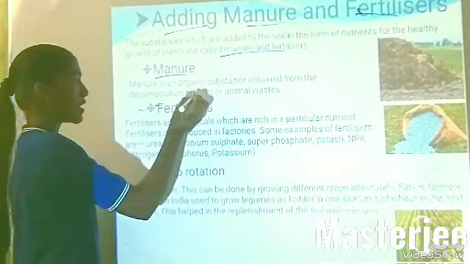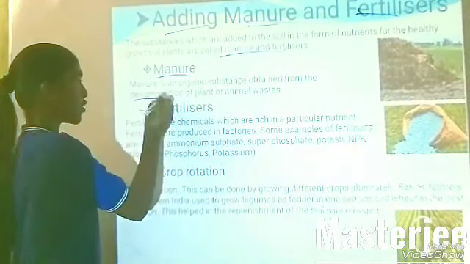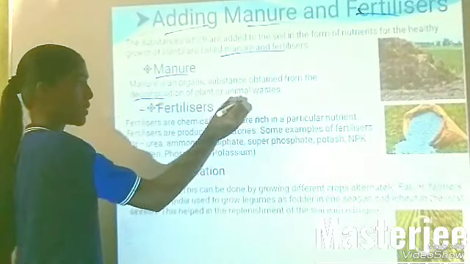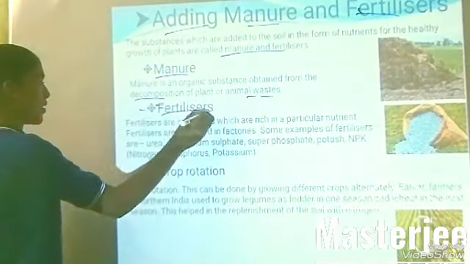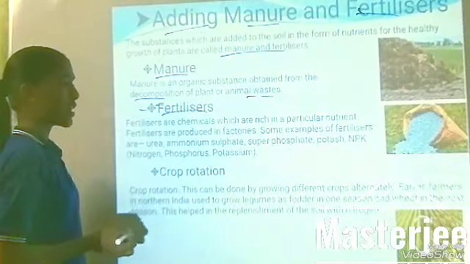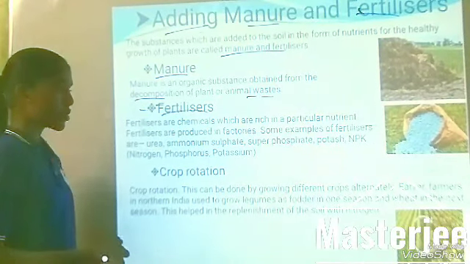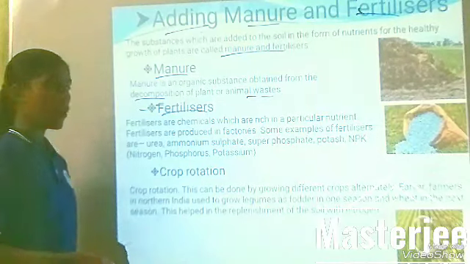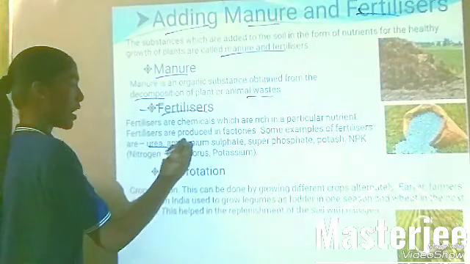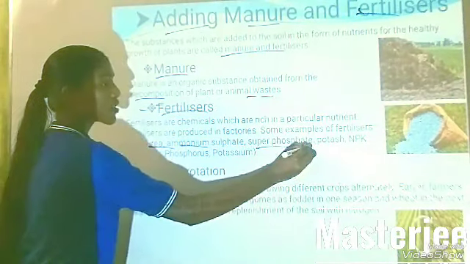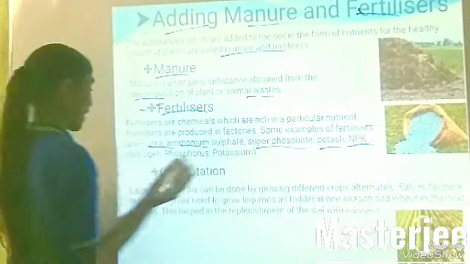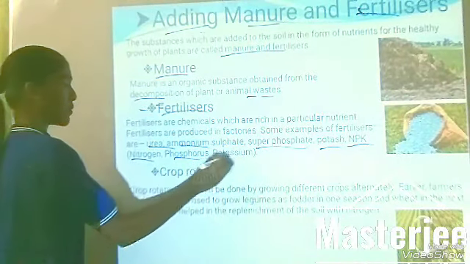Manure is an organic substance obtained from the decomposition of plants and or animal waste. Fertilizers are chemicals which are rich in particular nutrients. Fertilizers are produced in factories. Some examples of fertilizer are urea, ammonium sulfate, superphosphate, potash and NPK, which is nitrogen, phosphorus and potassium.